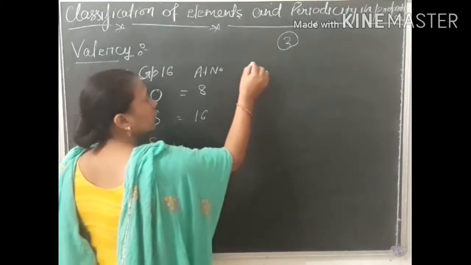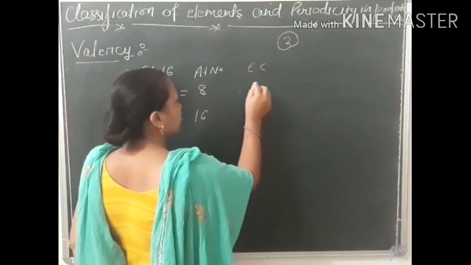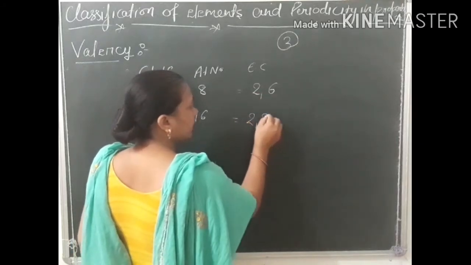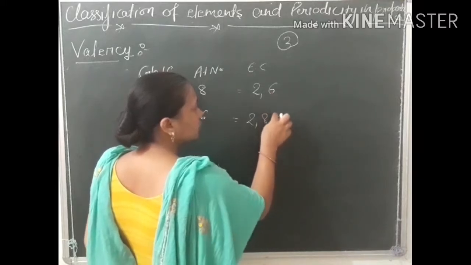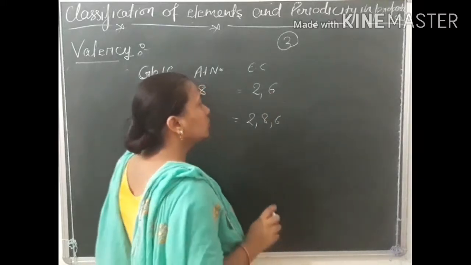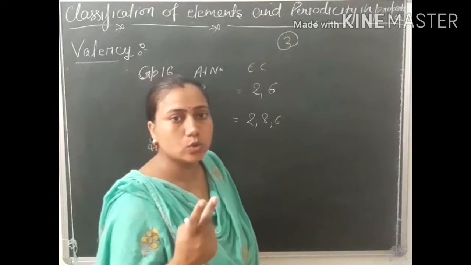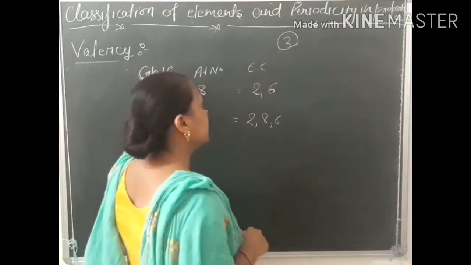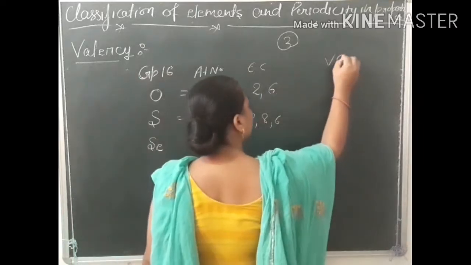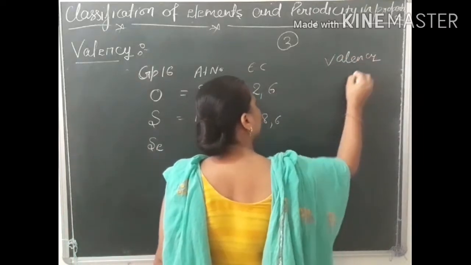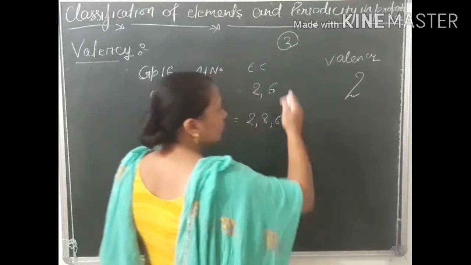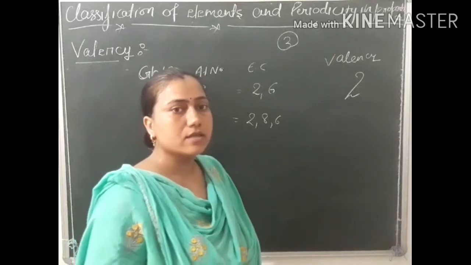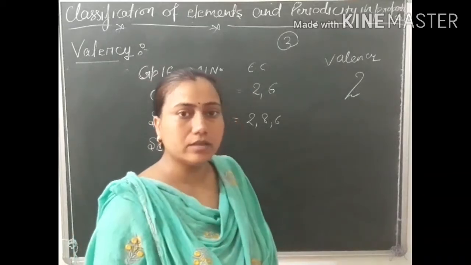Now the electronic configuration when we write is 2 and 6, and here 2, 8 and 6. In their outermost shell there are 6 electrons, so it has a tendency to attract 2 electrons to acquire noble electronic configuration, so its valency is 2. Valency remains the same in the group, but in periods it first increases and then decreases.